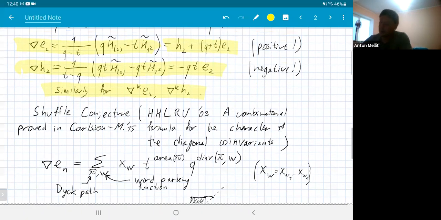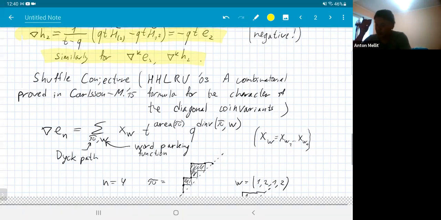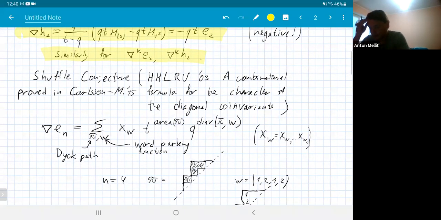And the first such thing considered was Nabla of En, because Nabla of En computes the so-called character of diagonal coinvariants. And in this paper by Haglund, Haiman, Loehr, Remmel, and Ulyanov, there was an explicit combinatorial formula conjectured for this Nabla of En, which is also the character of diagonal coinvariants.